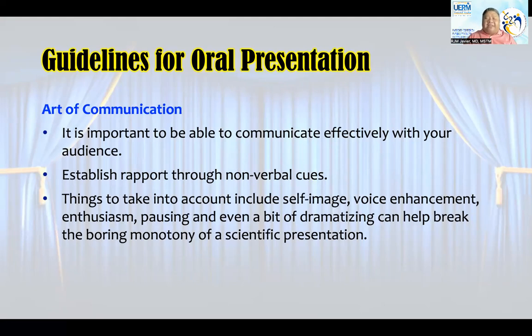Even a bit of dramatizing can also disrupt the monotony of a scientific presentation, especially when you were talking of molecular studies. I remember sitting down in one international conference which was held in Cebu, if I remember correctly.